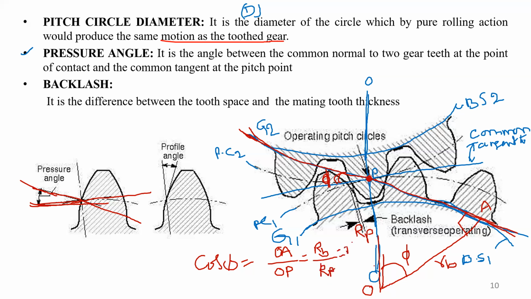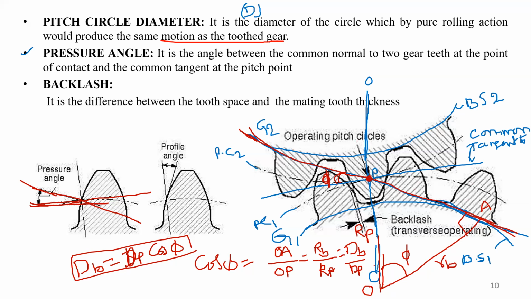Or you can also write the diameter of the base circle divided by the diameter of the pitch circle. Therefore, the diameter of the base circle is the diameter of the pitch circle multiplied by cos phi. This is the important relation.